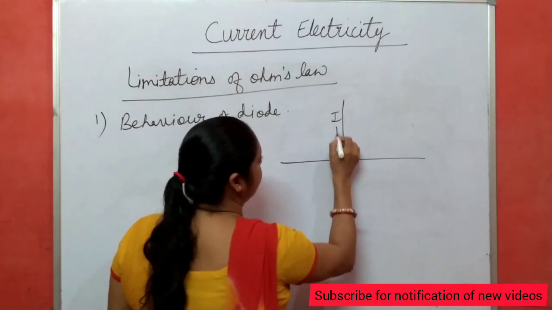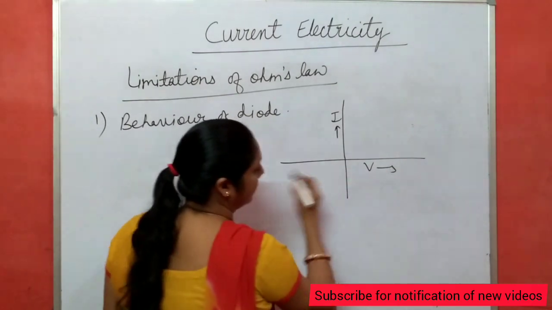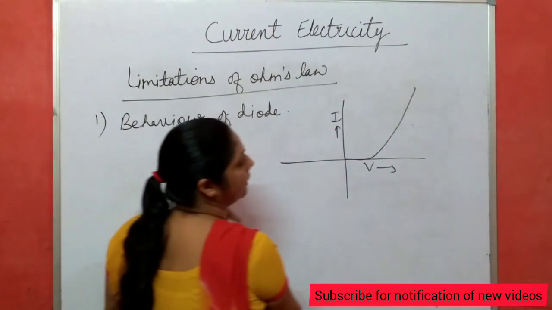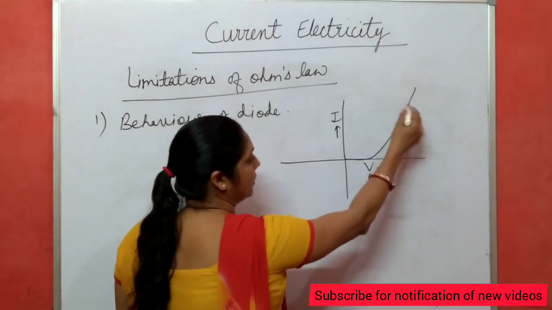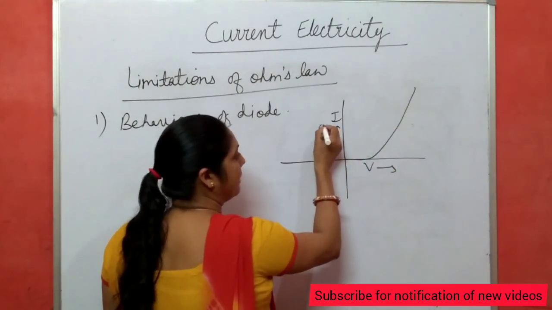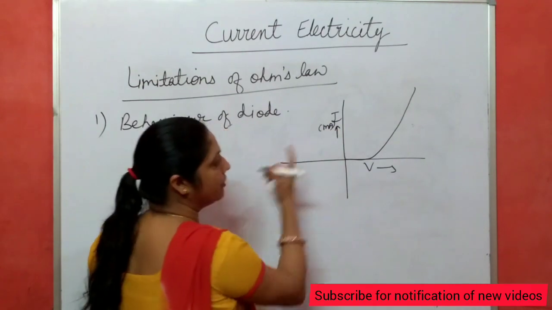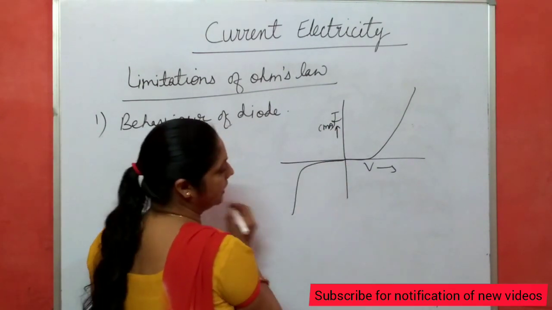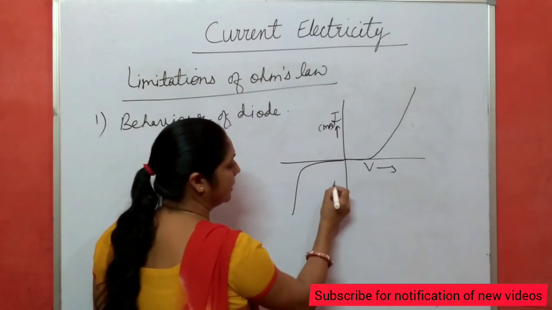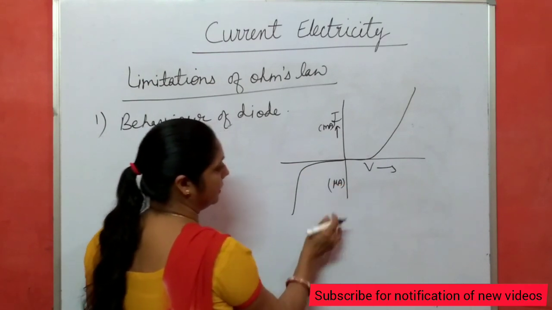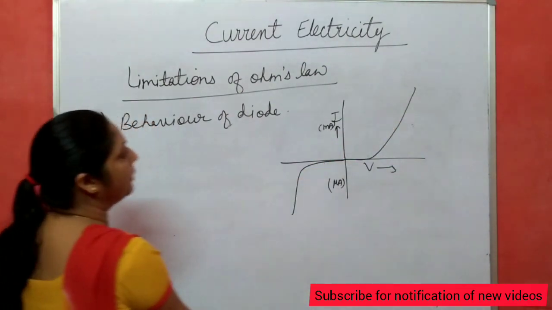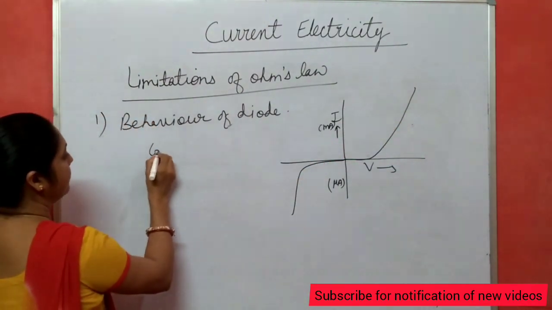Suppose I is this side and V is this side. The graph is somewhat linear up to this point, and after that it increases like this. This is called forward bias, and the current is in milliampere, and for reverse bias, the current is in microampere. So this graph is not linear. It means it does not obey Ohm's law.